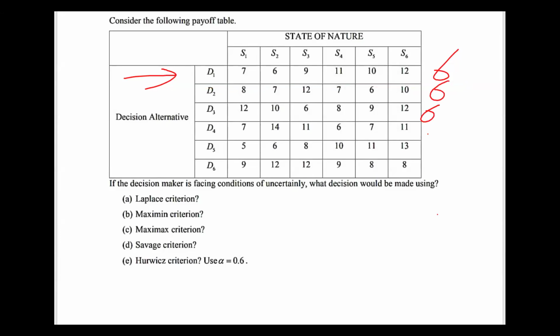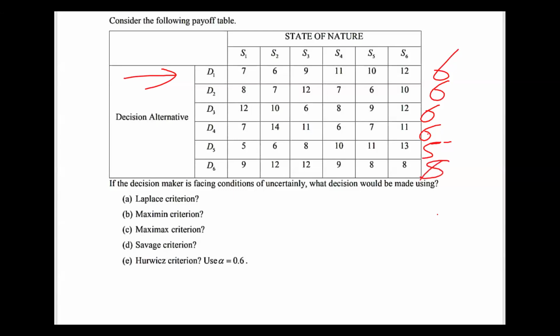Decision number 4, it's also still 6. Decision number 5, 5, and decision number 6, 8. The minimum, sorry. The minimum is 8.